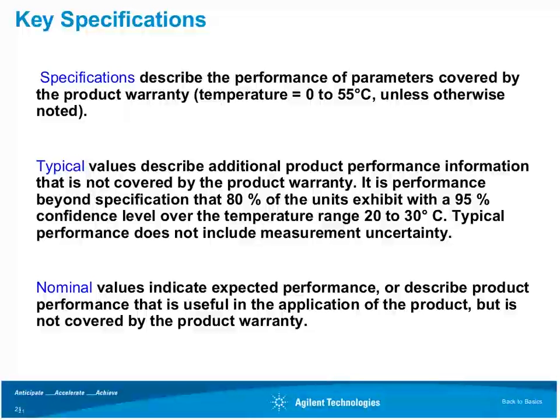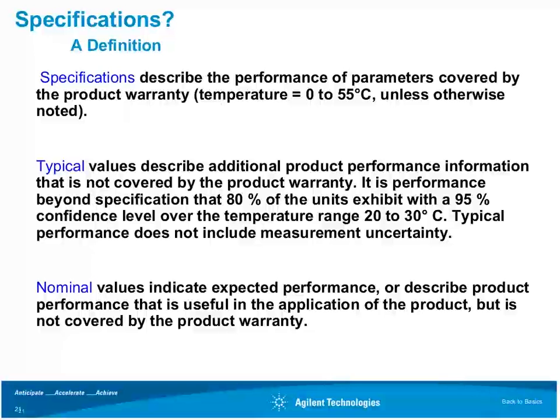Now, this is probably a good point to mention that when we talk about specs, let's be clear on our terminology. Agilent defines things this way. We say that specifications are a measure of a particular parameter, and it's a measure that we warrant. In other words, we guarantee that it will meet this specification.